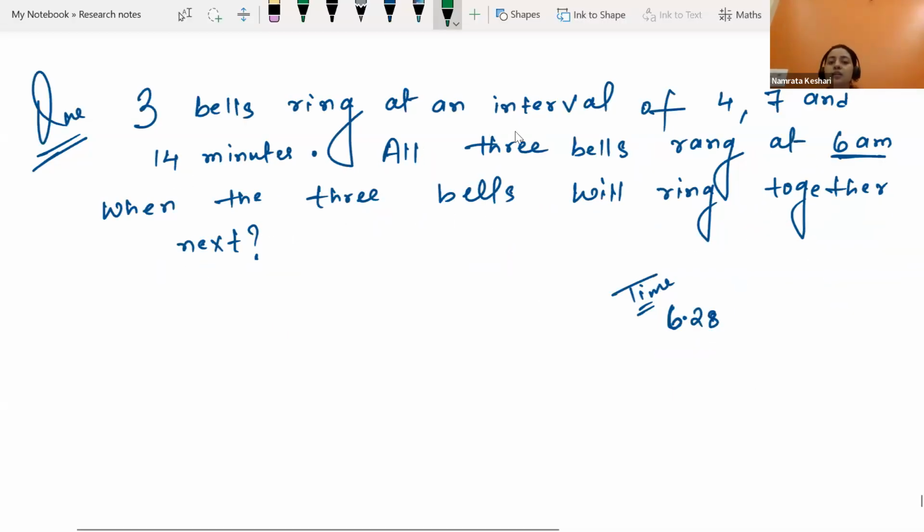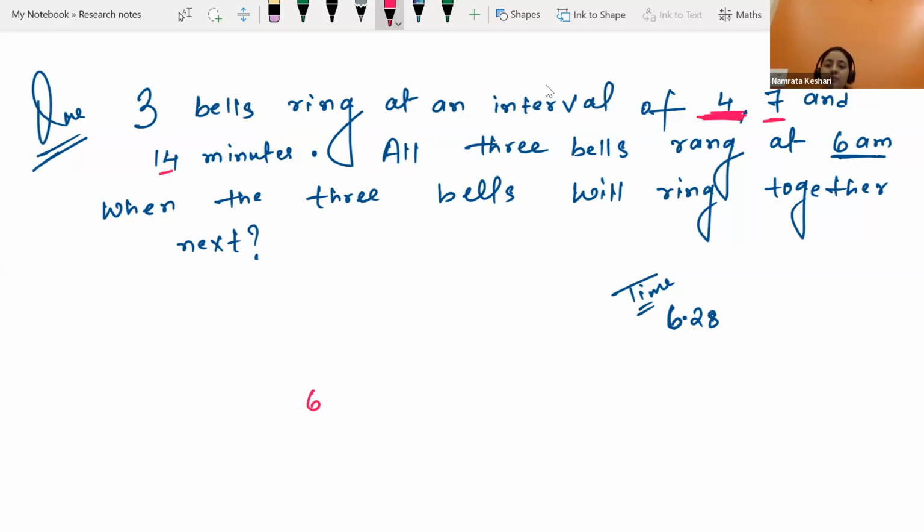So 3 bells are ringing at an interval of 4, 7 and 14 minutes. Most of the students have already done it, still I'm explaining since I'm explaining all the questions. All 3 bells rang at 6 a.m. The first bell rings at an interval of 4 minutes, the next one 7 minutes, the next one 14 minutes.